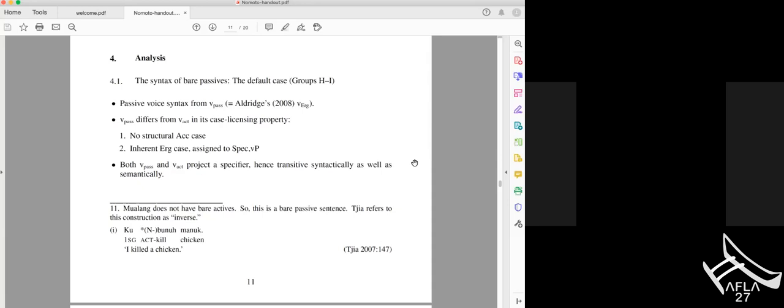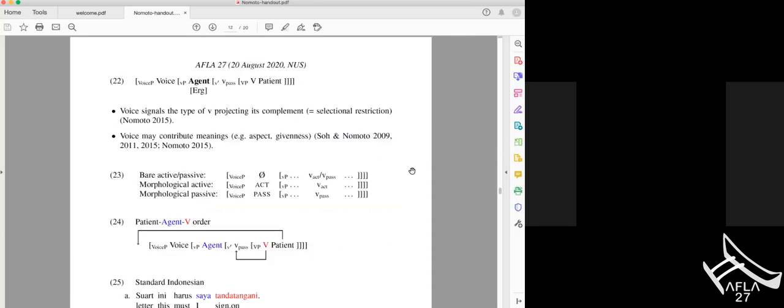As you can see, I posit a voice layer above little vP. This is because in my previous studies, I found semantic contributions of the morphemes belonging to this head. And the voice head selects for the type of little vP, as shown in 23.